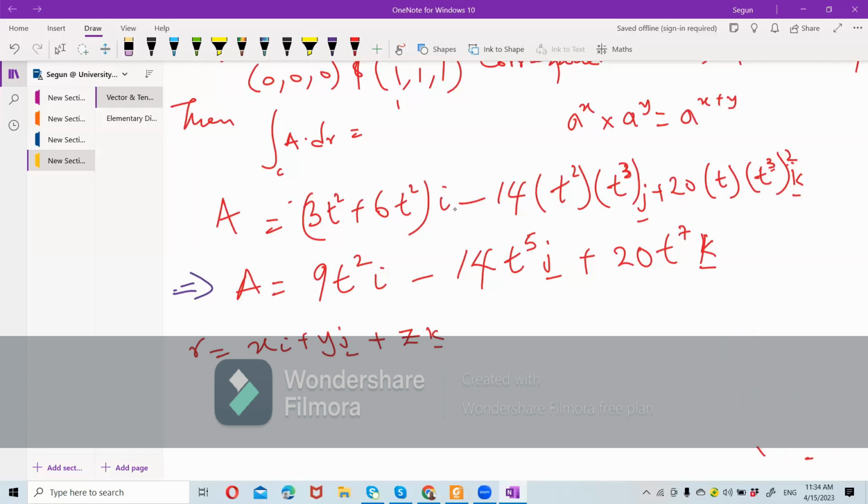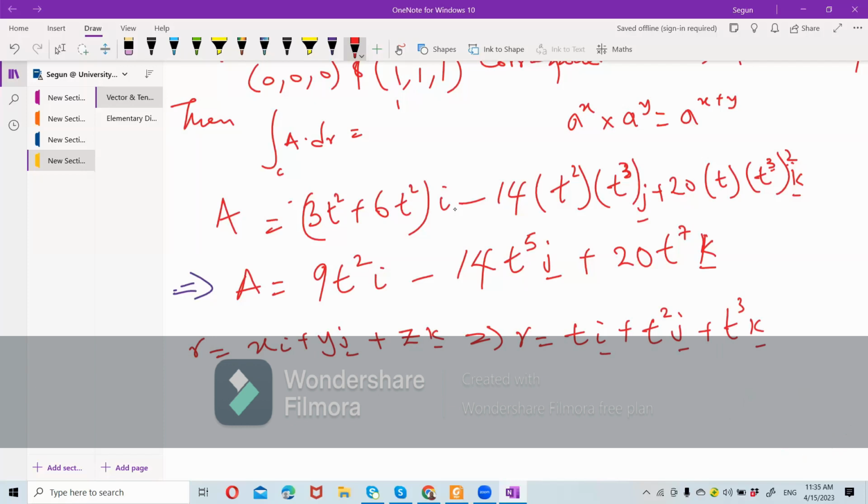Somebody should just answer. T. So your S is equal to R of t, which equals t i plus t squared j plus t cube k. Any question? No question, sir. Understood. Good.